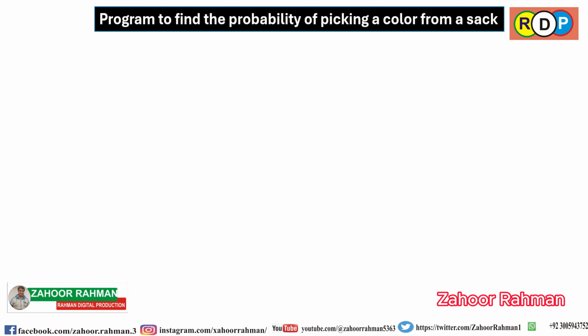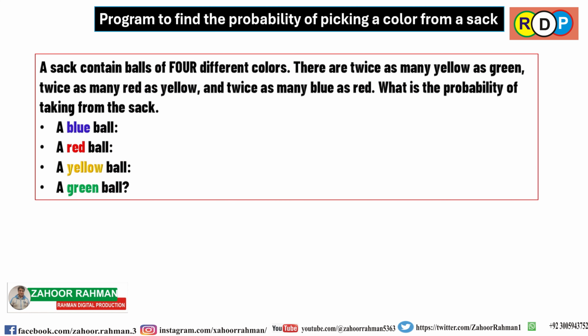Let us first understand the problem, and then we will write a program to solve that problem. What is the problem? A sack contains balls of four different colors. There are twice as many yellow as green, twice as many red as yellow, and twice as many blue as red.